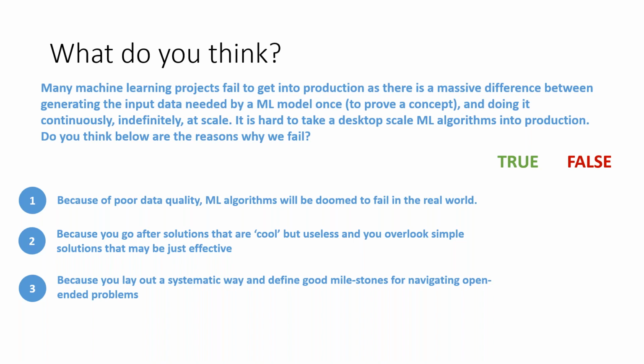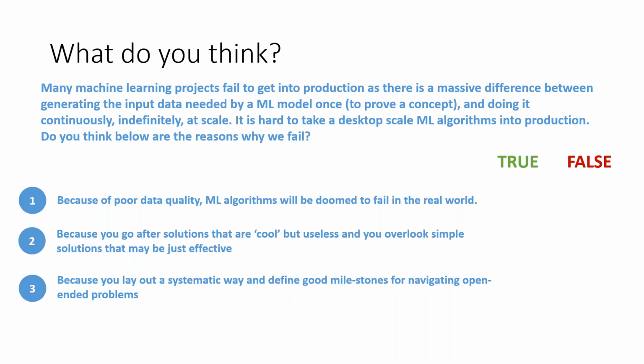Okay, so what we are saying is that many machine learning projects fail to get into production, as there is a massive difference between building a proof of concept ML model, where I take one data set, for experimental sake, do all the steps, build a model and try it for a while to see whether it is predicting well or not.